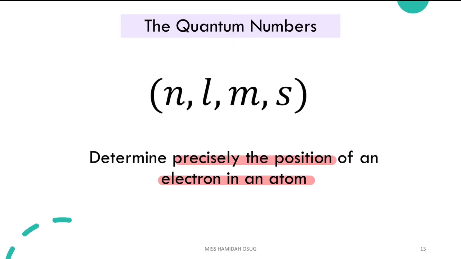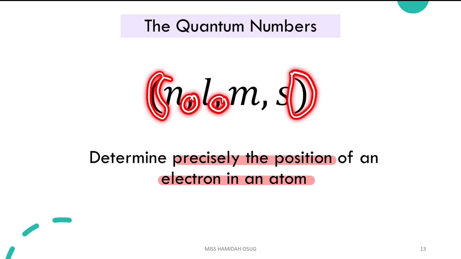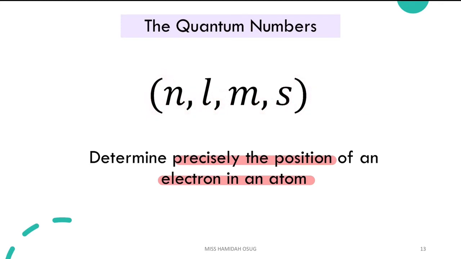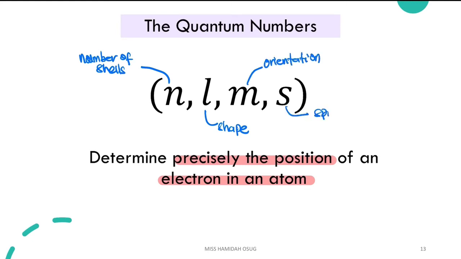Please make sure that when you write your quantum numbers, you write them in a bracket and use a comma in between. So, n represents the number of shell, while L represents the shape of the orbital, m shows the orientation, while s shows the spin motion of the electron.